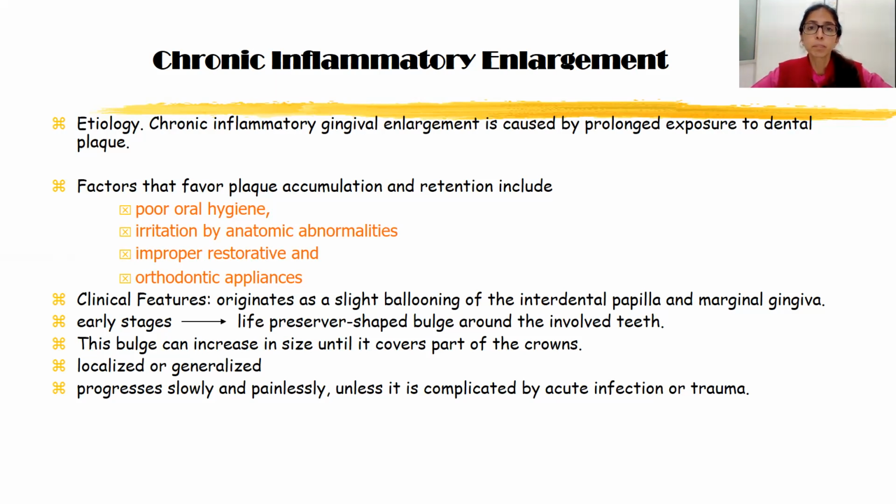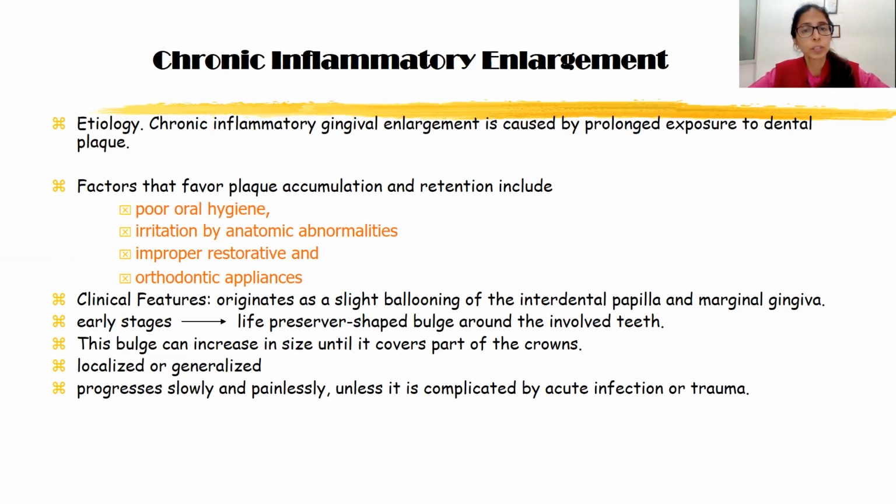Initially, it is painless. That is why it goes unnoticed by the patient for a very long time. Then, as the enlargement increases, it becomes a nidus for more plaque accumulation. When it becomes a nidus for more plaque accumulation, it can be complicated by secondary inflammatory factors.